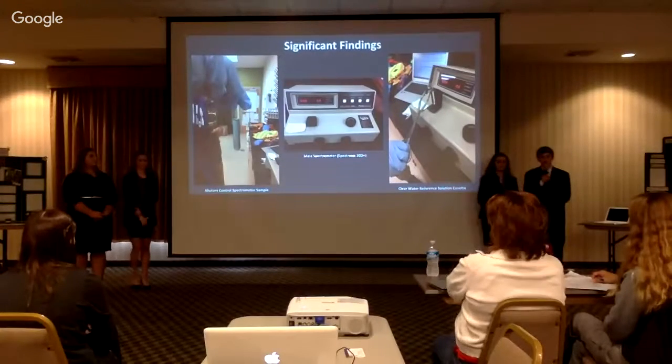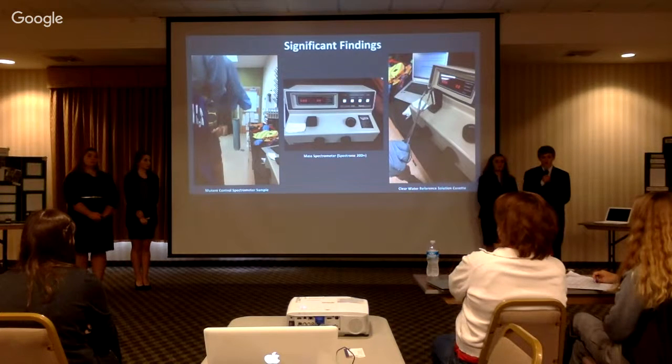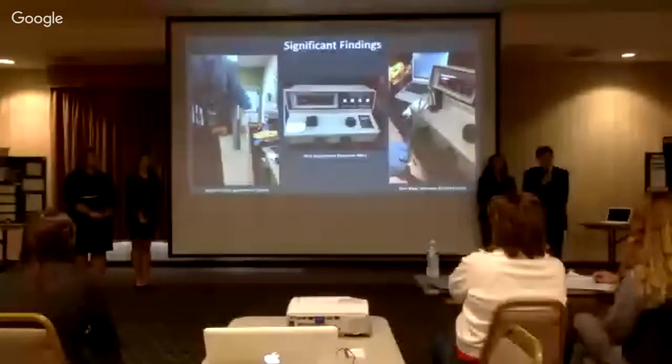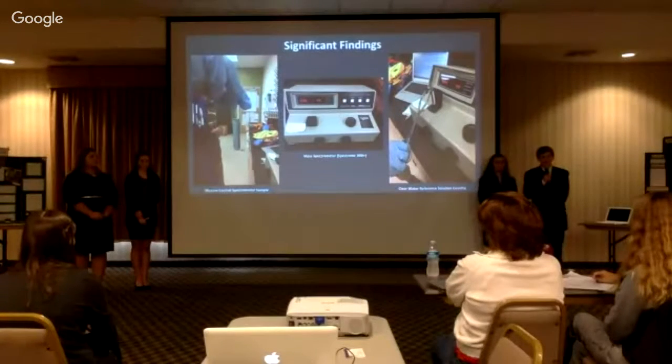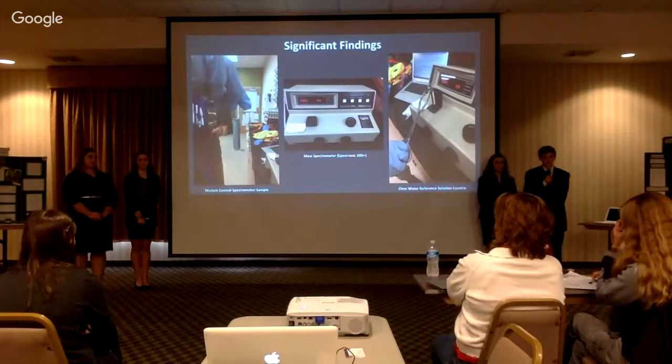According to NASA, visible light ranges from about 400 nanometers to 700 nanometers. However, plants also absorb light energy from above that, like infrared, which is above 700 nanometers.